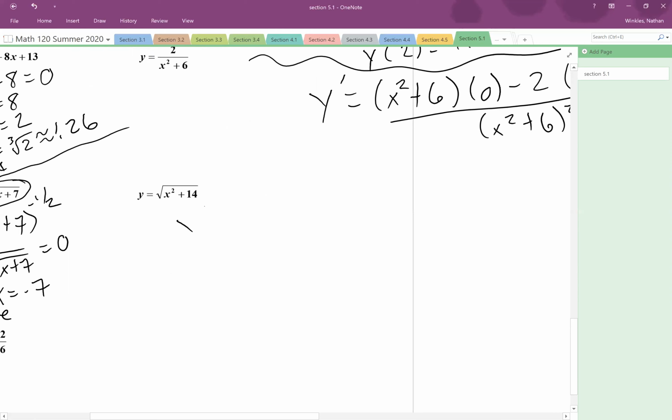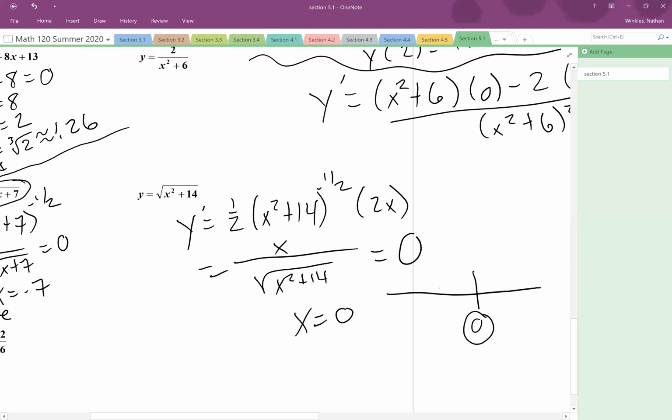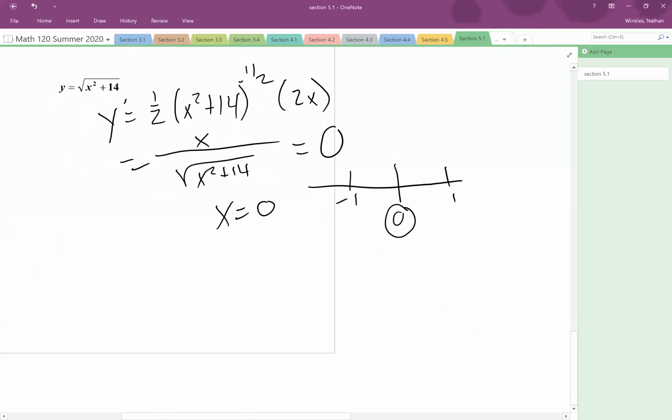So for this one, y prime equals 1/2 times x squared plus 14 to the -1/2 times 2x, which is x over the square root of x squared plus 14. Set that equal to 0, and you get x equals 0. We could plug in -1 here, and we could plug in 1 into our derivative.